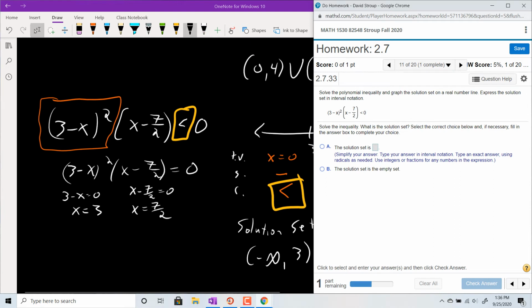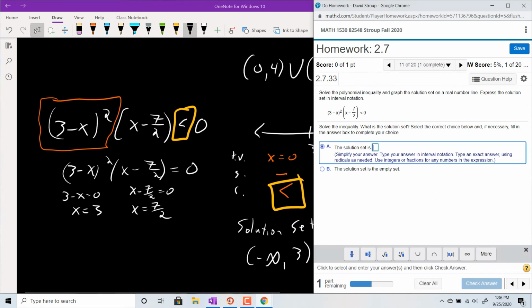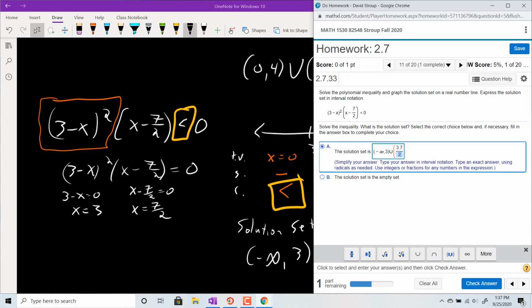Okay, let's make sure that's right. That seems so weird that it can't be right, right? So negative infinity to 3, and then union with 3 to 7 halves.